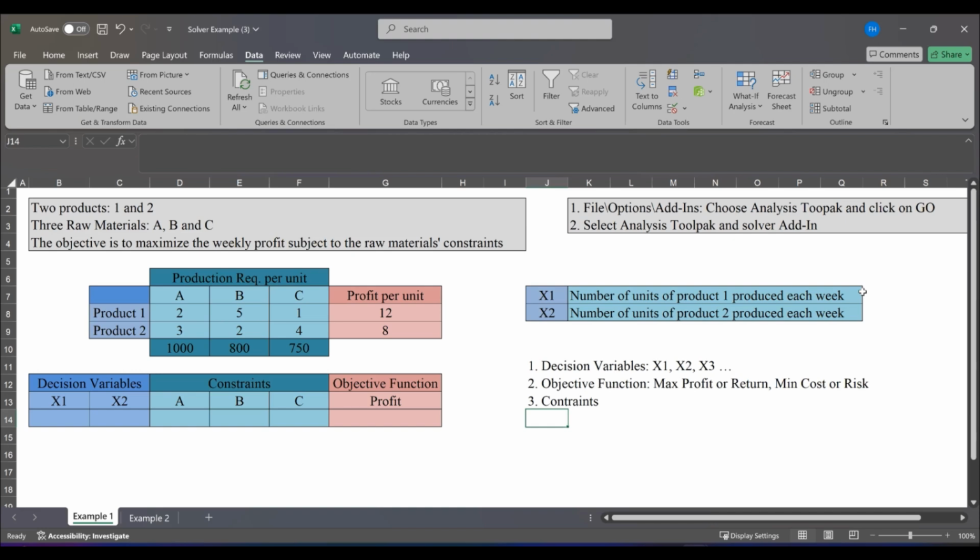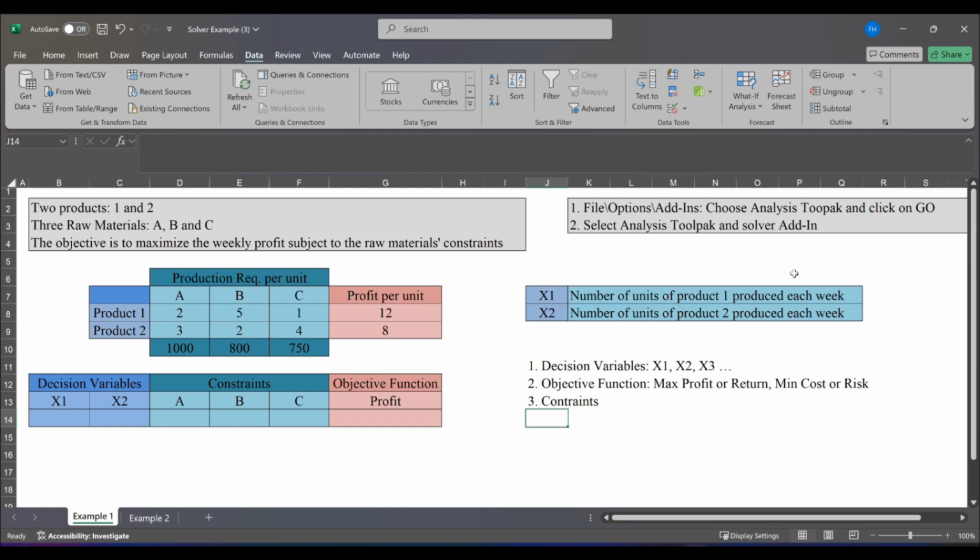In this example, we have a manufacturing company that produces two products, one and two, using three raw materials, A, B, and C. The objective of this manufacturing company is to maximize the weekly profit subject to the raw materials constraints.